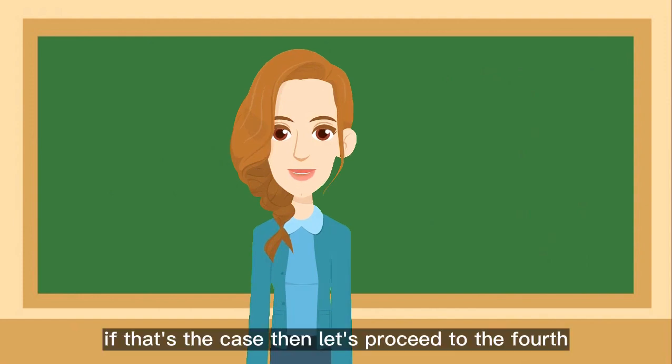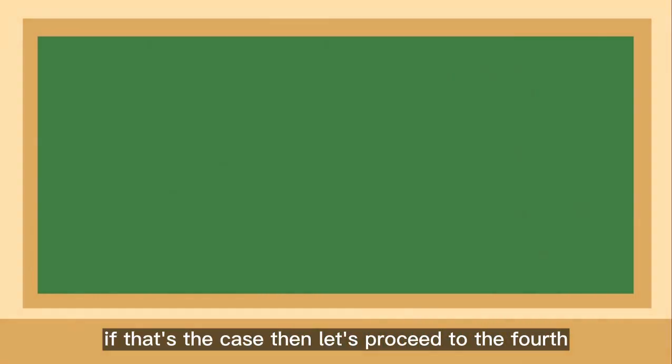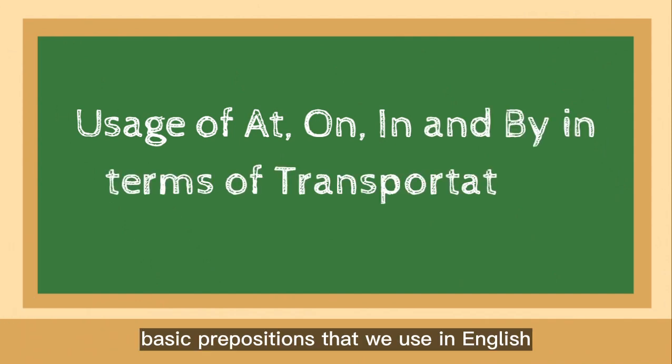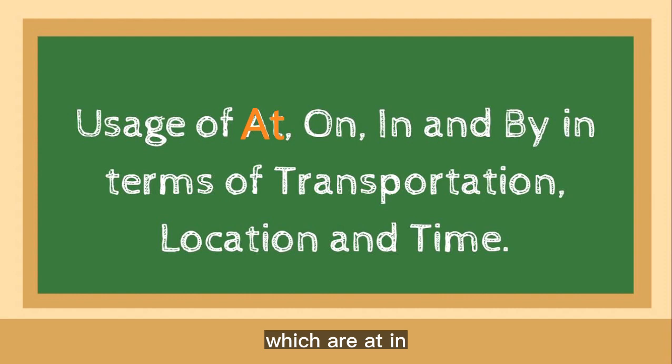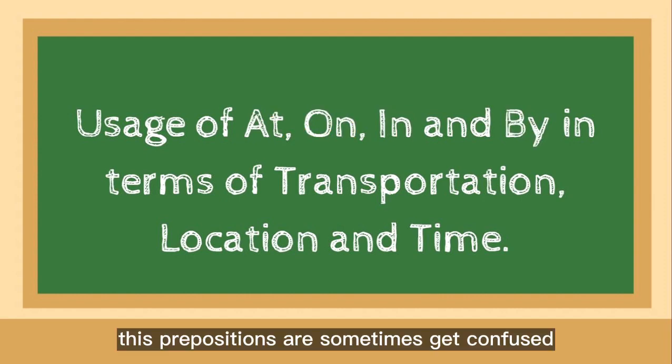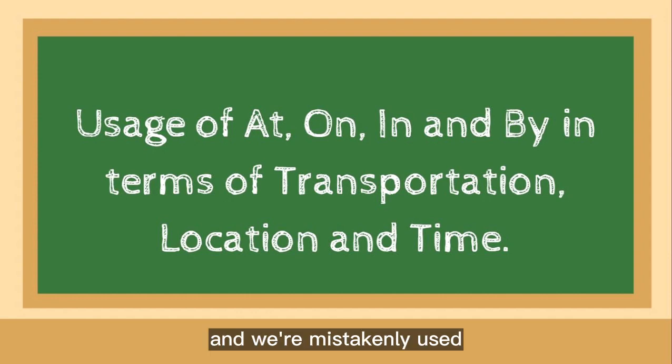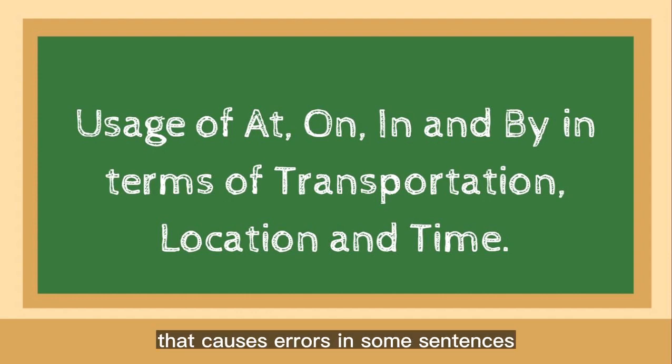If that's the case, then let's proceed to the four basic prepositions that we use in English, which are at, in, on, and by. These prepositions are sometimes confused and mistakenly used, which causes errors in some sentences.